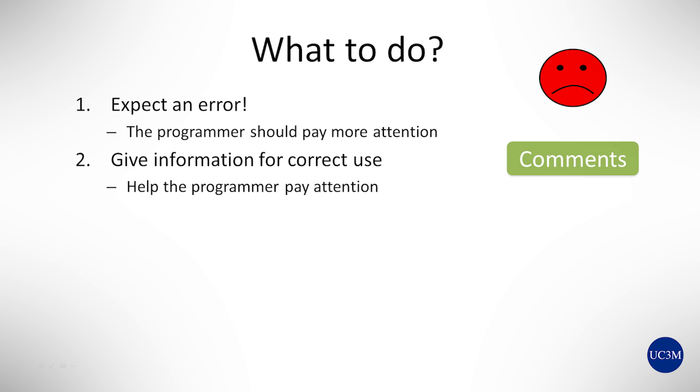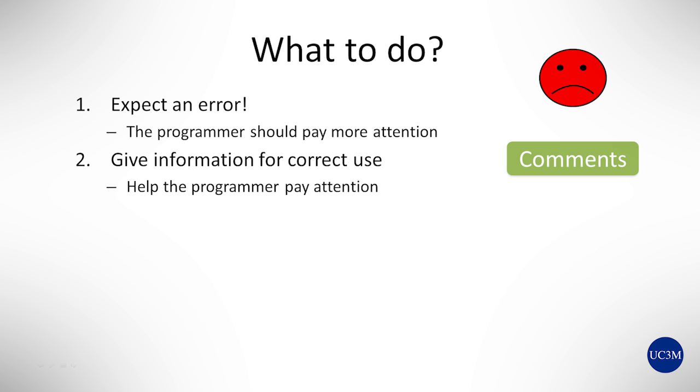Second, use language constructs to help avoid errors, either for yourself or for other programmers who might use your code. So one possibility is to use comments. Comments are text interspersed with the code, the objective of which is not to be executed by the computer, but to be read by humans.